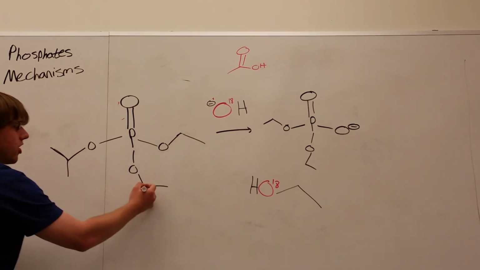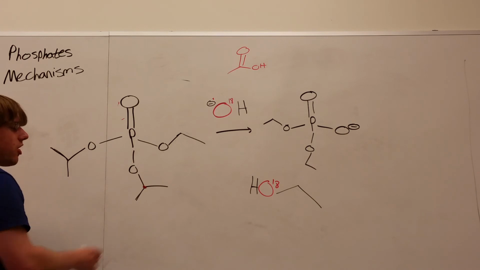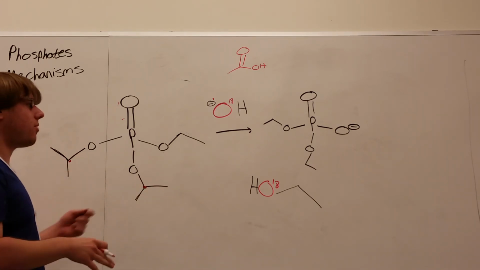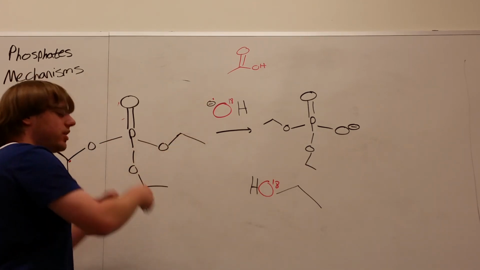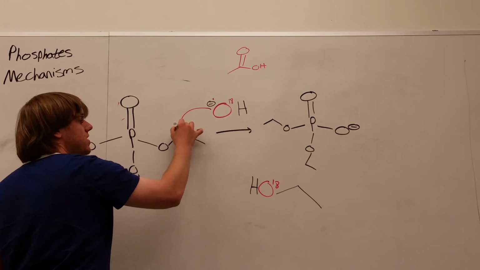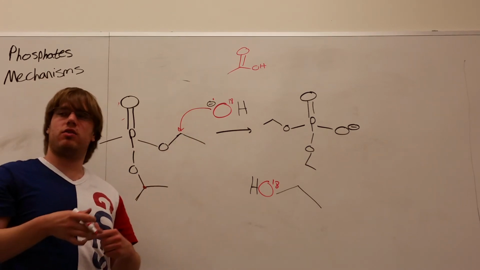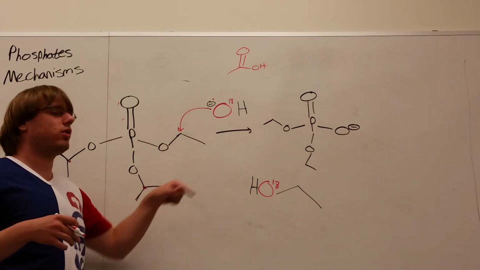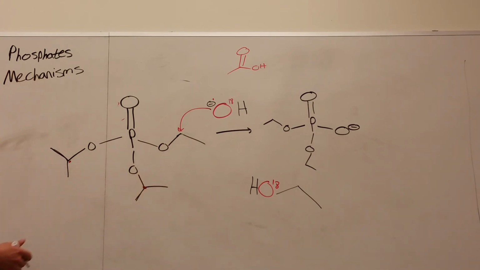Meaning, if I look at this carbon right here, it's a secondary carbon. It has two methyls on it. Same deal with this. That's a secondary carbon, and that means when this O- tries to come in, it's going to have a harder time fitting into that spot. Whereas if it comes in and attacks here, there's no issue of steric hindrance quite like these two have. It's just hydrogens there that are in the way, and then that one carbon. This is primary versus two secondaries.